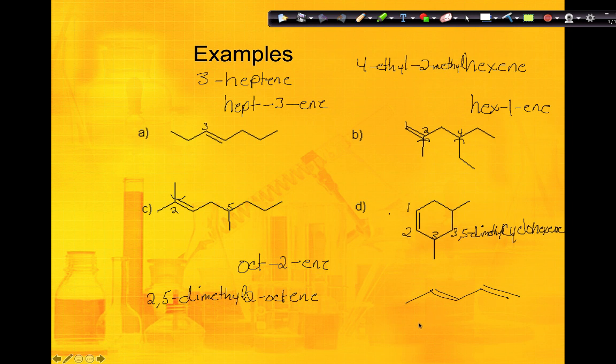So when you name this particular compound, let's say we've got 1, 2, 3, 4, 5, that would be pent. And then we're going to pick the lowest numbering system, so 1, 2, 3, so 1 and 3. Now, when you do this, you're going to do the dash, 1, 3, dash diene. And so many people forget to put that di in there and then miss it.